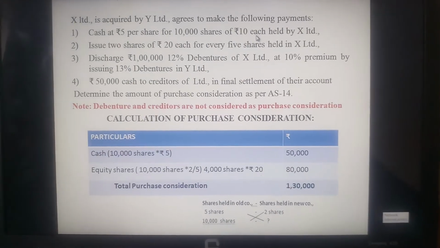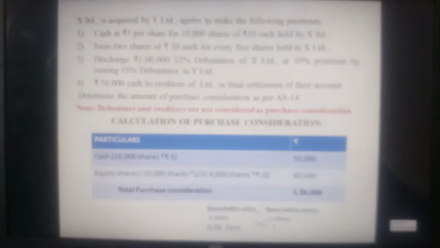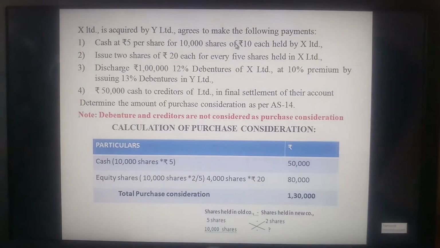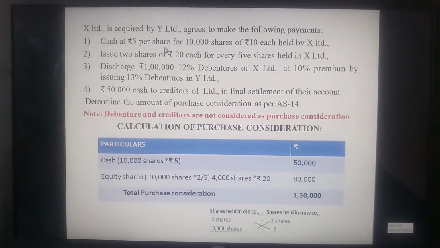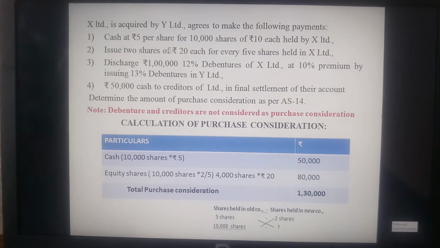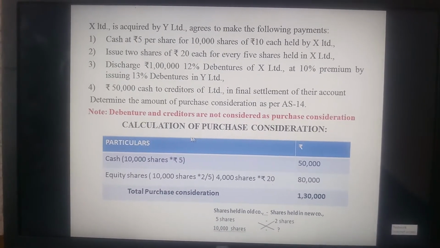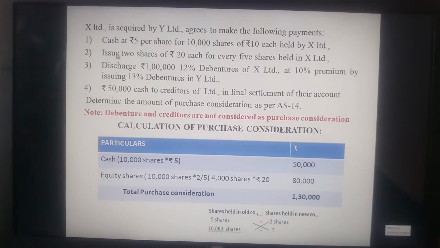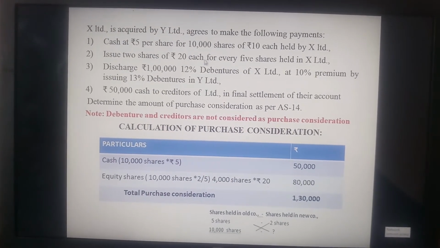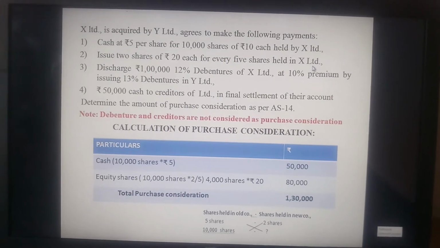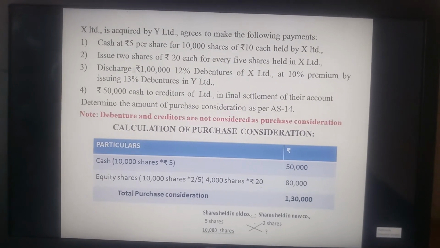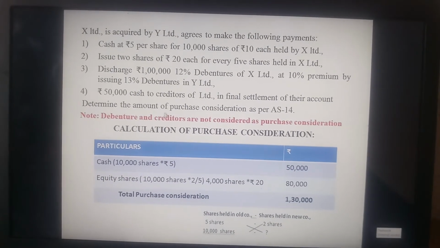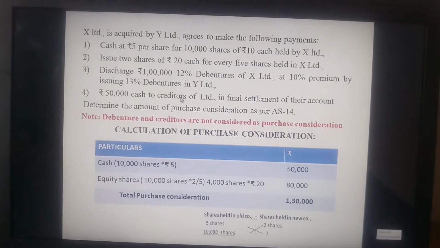So we take 10,000 into 5, so 50,000 rupees will be paid as cash. Then issue 2 shares of rupees 20 for every 5 shares held in X Limited. This we have to calculate. This is nothing but the debenture as well as the creditor payment.